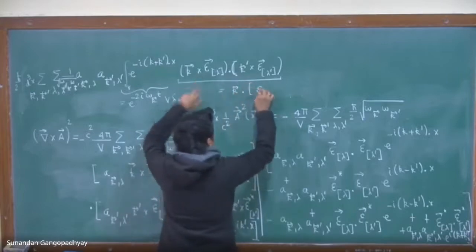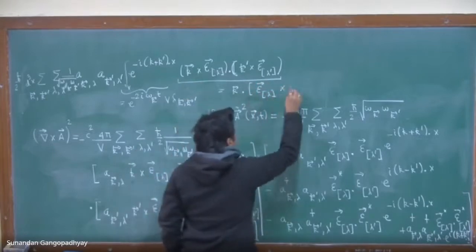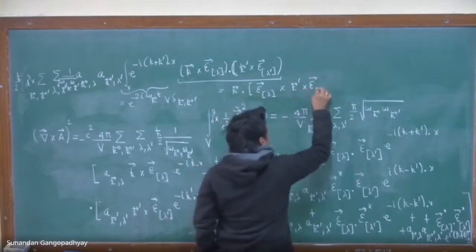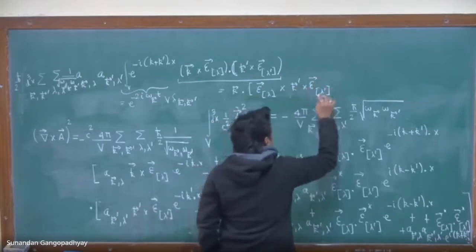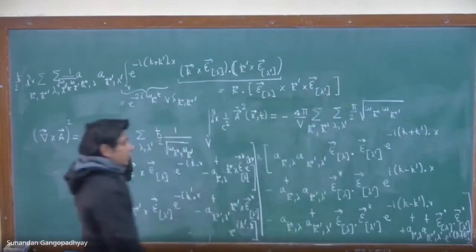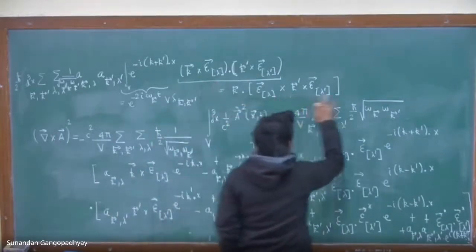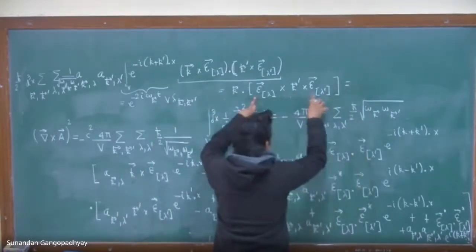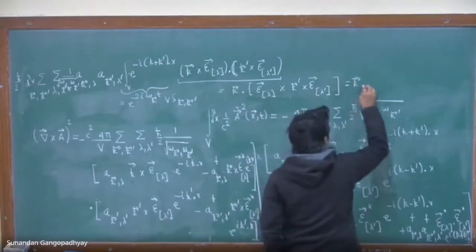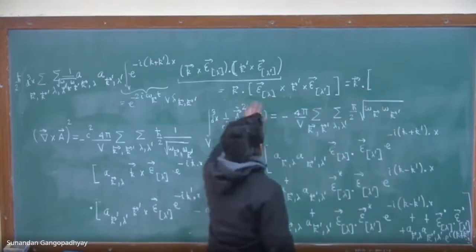So this will become epsilon lambda cross k prime cross epsilon lambda prime. The full thing is k dot epsilon cross this. Now this is A cross B cross C, so you just apply your high school formula, back minus cap.